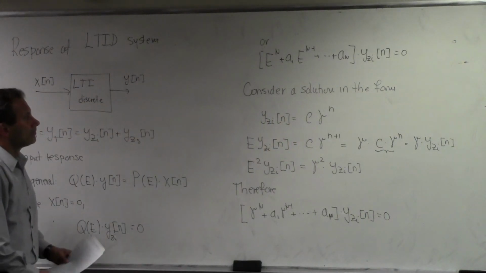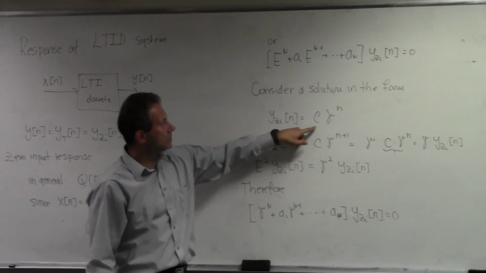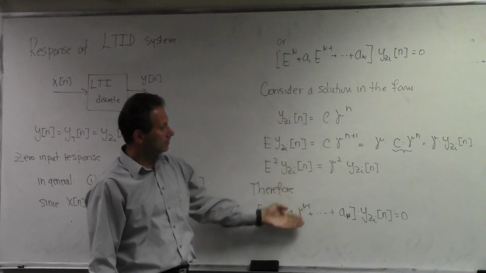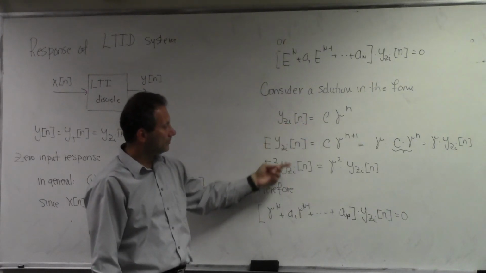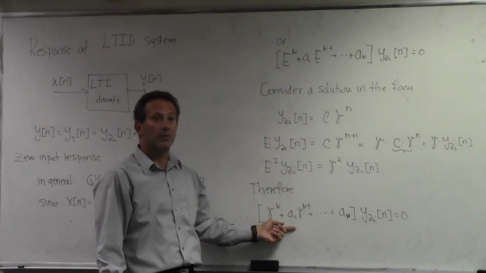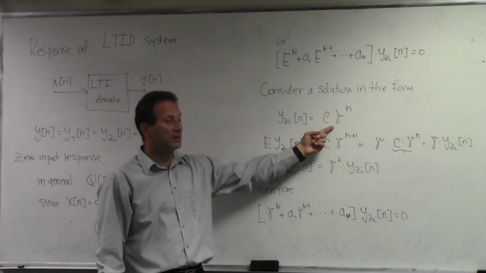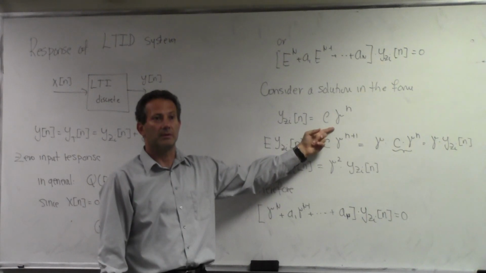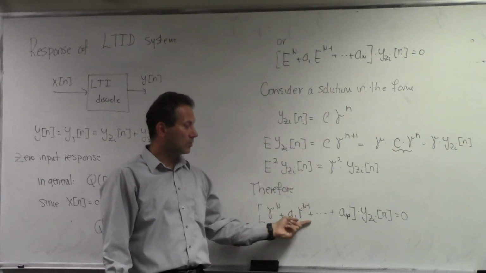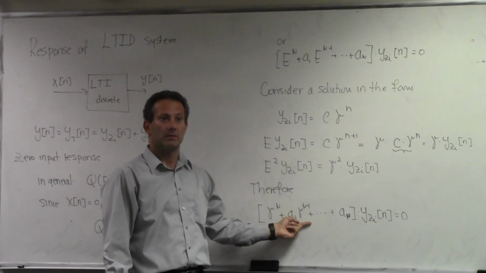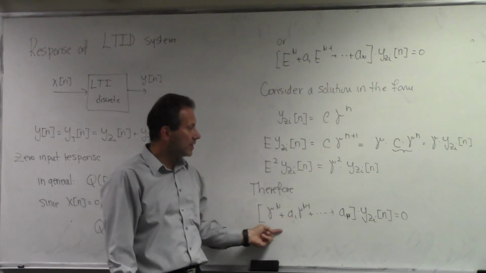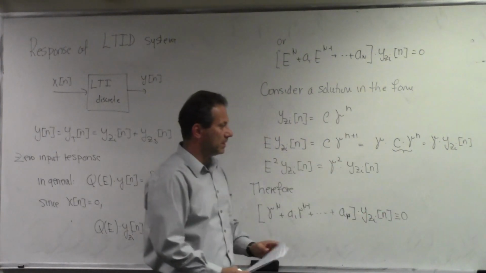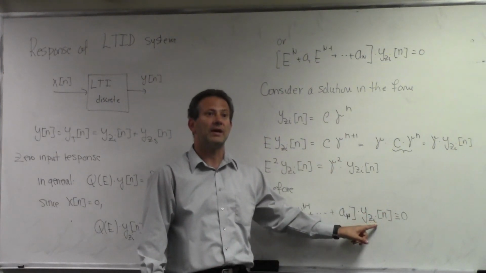So we are assuming that the solution is in this form, and this assumption says it can be in this form, but this gamma needs to be suitably chosen. How do I choose this gamma? It needs to be a root of this polynomial. Why? Because this equation should be identically equal to 0 for every n.